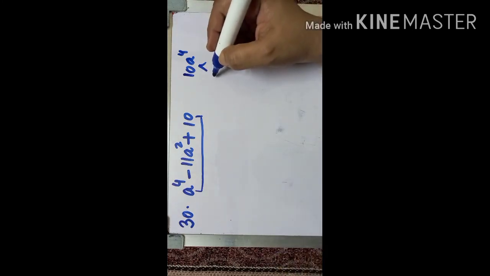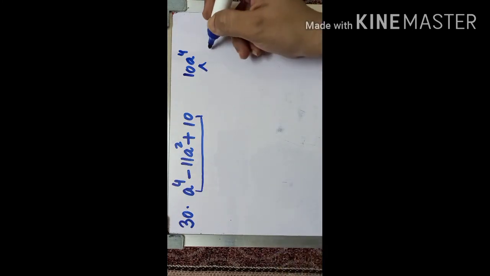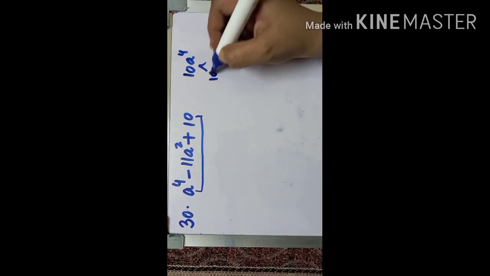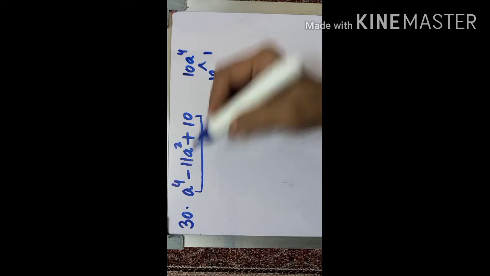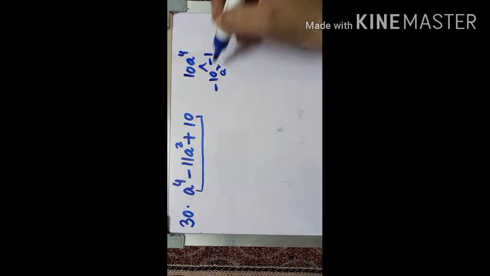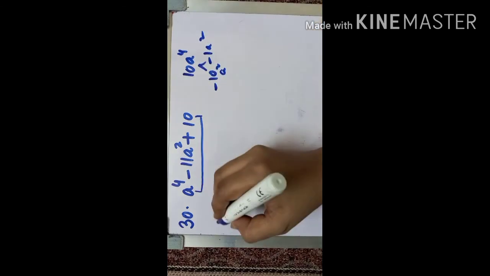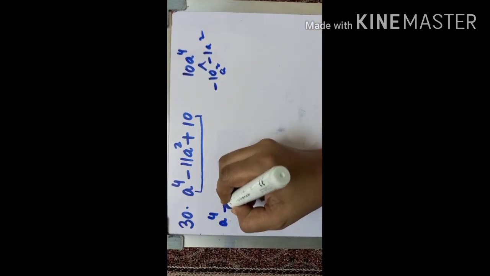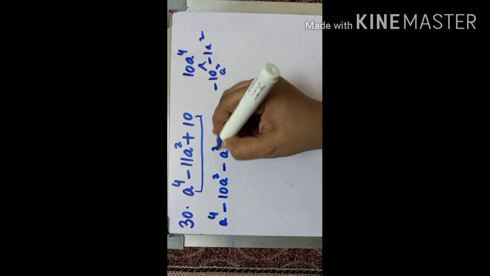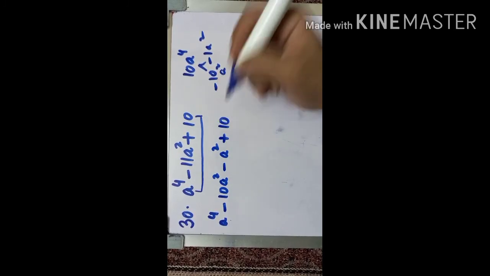Obviously 10 ones are 10, 5 twos are 10, you can't do. 5 twos are means here minus 11, it is not possible. So 10 ones are 10 only, but minus 11 is here. So minus 10 minus 1. So here a square, 10a square, 1a square, like that. So a power 4 minus 10a square minus a square plus 10 as it is.